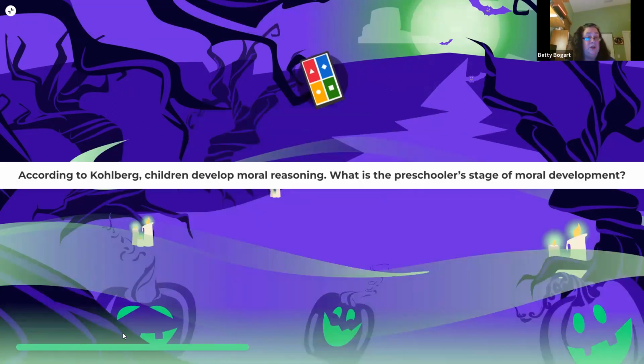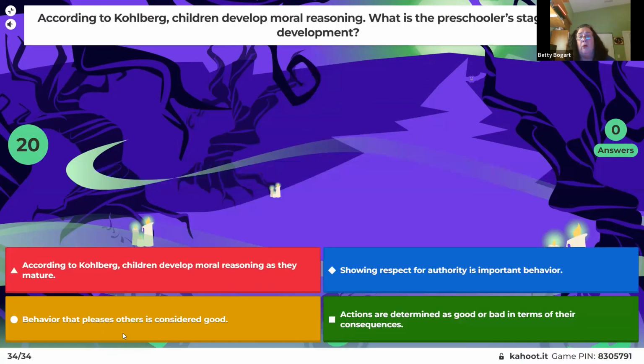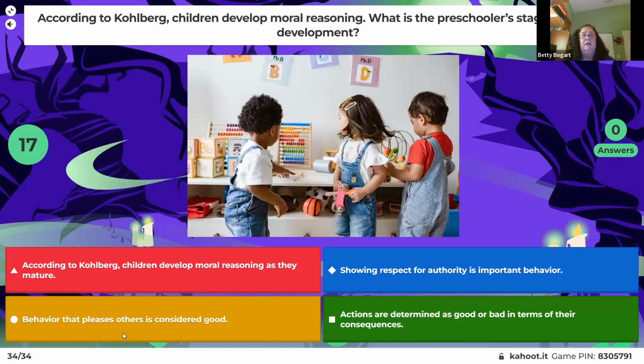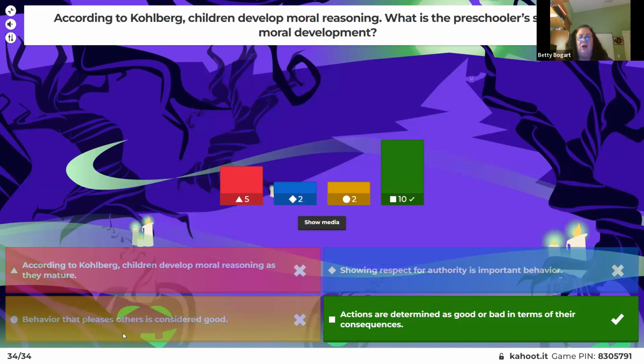According to Kohlberg, children develop moral reasoning. What is the preschooler stage of moral development? Now, this is what Kohlberg talks about, morality. And he says, there are good and bad things that you can do, but each one has a consequence.